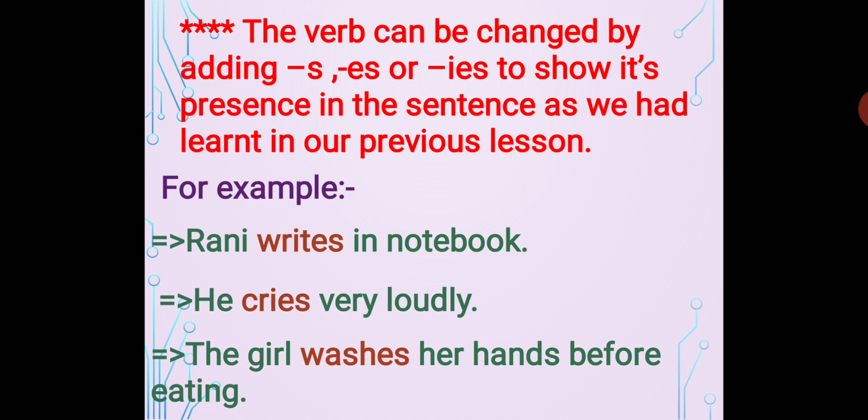This is the way you can understand that if in the simple sentence the verb is with s, es or ies form, and then if you want to ask a question or make a sentence in negative form, then you can add do, does to make an interrogative sentence or a negative sentence.